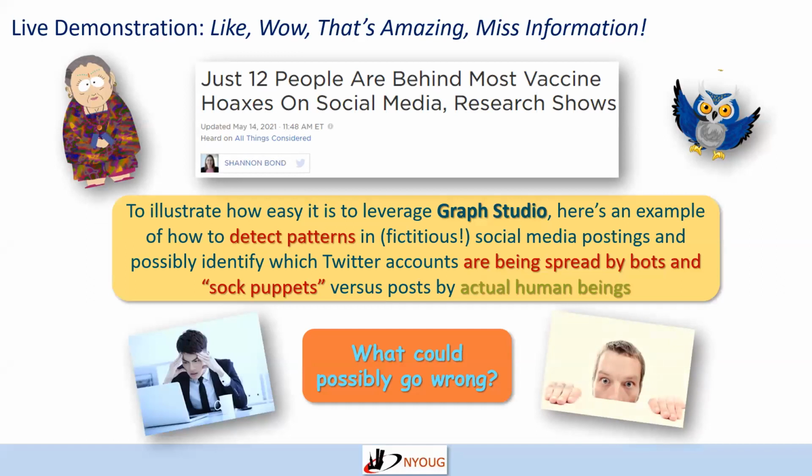NPR published this as a result of another article in which they basically said, show me the nodes on Twitter and on Facebook where most of the, again, based on that organization's judgment, where most of the incorrect information about vaccines was coming out, right? So whether vaccines work or not, I'm not talking about that. I'm talking about people saying things about vaccines that simply weren't true based on their judgment coming from the CDC or other organizations, right?